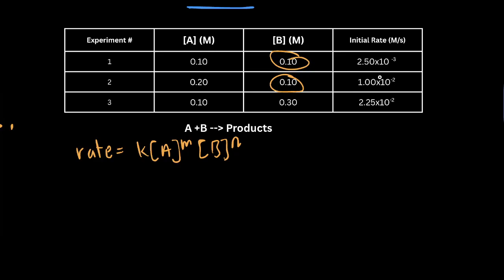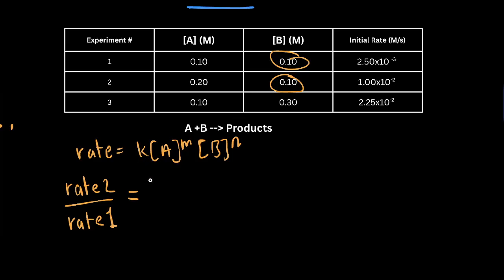We're also given the rates for experiment 2 and for experiment 1. So let's say we take the rate of experiment 2 divided by rate of 1. For this very first time, I'm going to write out all the terms just so it makes sense why we're doing this. So if we're writing out the rate of 2 over the rate of 1, we know that the rate constant, k, is the same for our reaction. So for the reaction A plus B yields products, that k is going to always be the same.